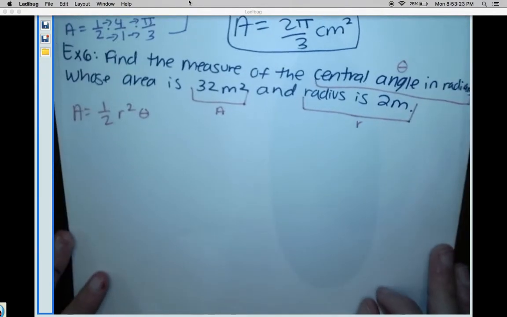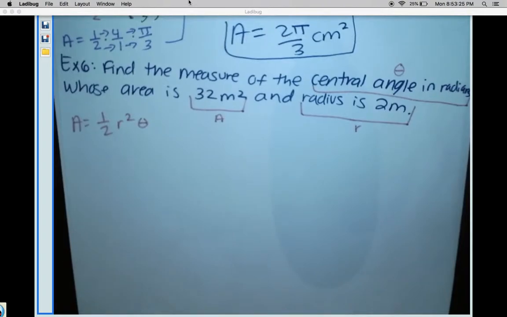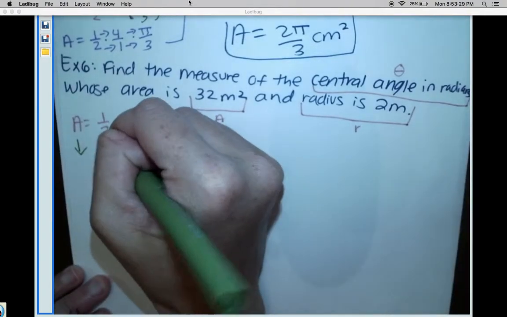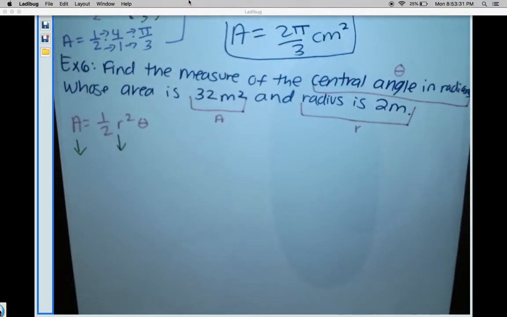All right, let's start filling in these values. I'm going to fill in a value for A this time and a value for r, but theta is what we're solving for, so I'm going to leave it alone.